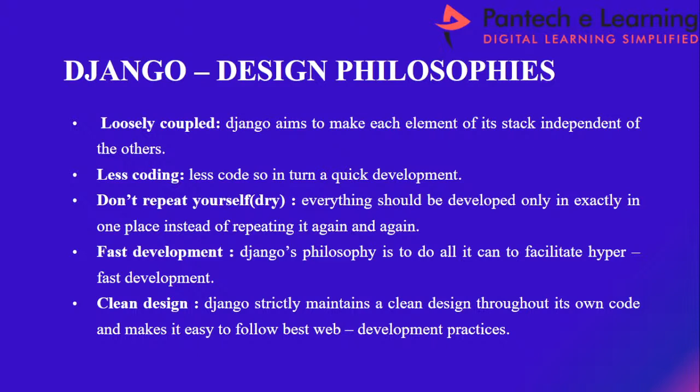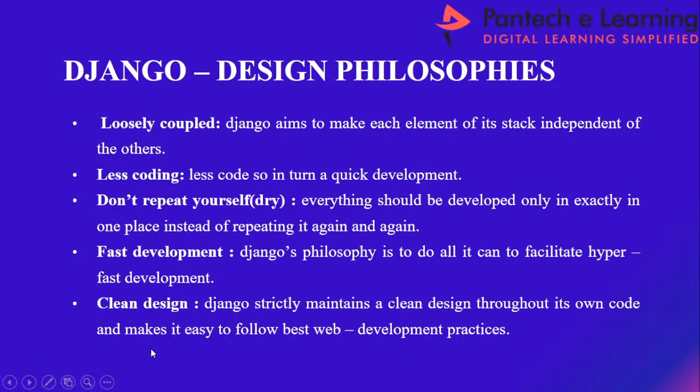Whenever I talk about Django, it requires less coding and faster development. Whether I go for Flask or Django, applications can be developed at a faster rate with less coding. And clean design: it strictly maintains a clean design throughout its code.